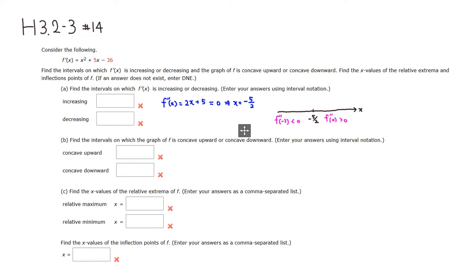So we know that f prime is decreasing on this interval, and after that it's increasing. So the increasing interval is from negative 5 over 2 to positive infinity, and the decreasing interval is from negative infinity to negative 5 over 2.